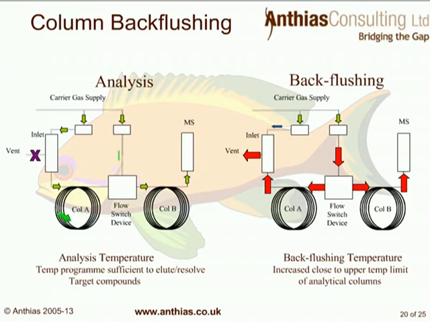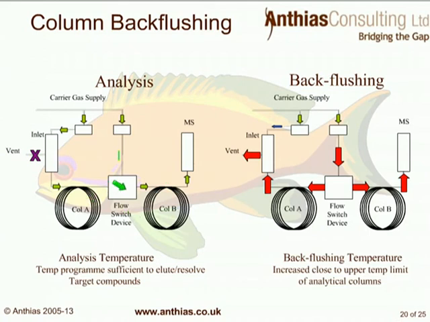Sample will then transfer through column A. Now this could be a column with a stationary phase, or it could be a pre-column. And it will then move through the flow switch device, move through column B. Again, column B could either be the analytical column or a restrictor, and into the mass spectrometer.